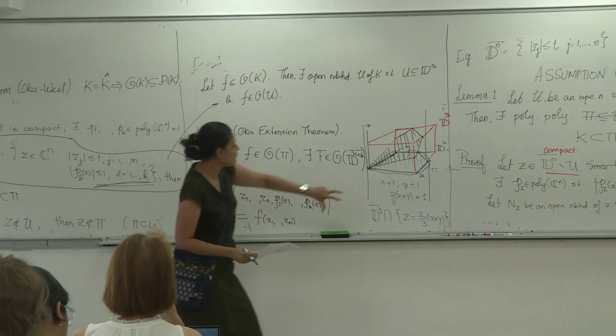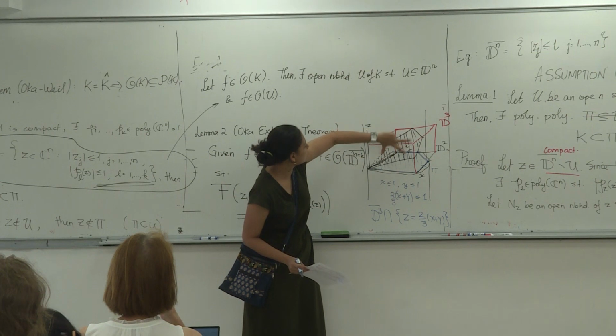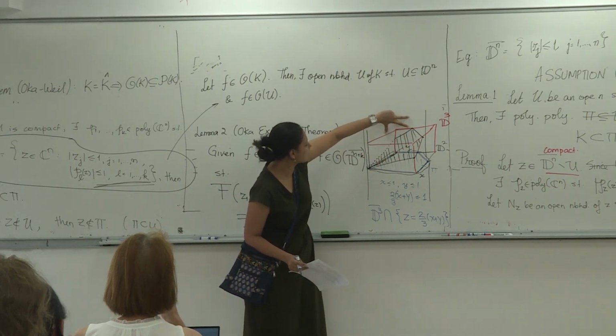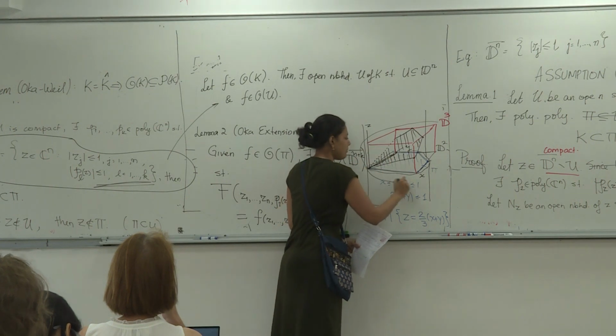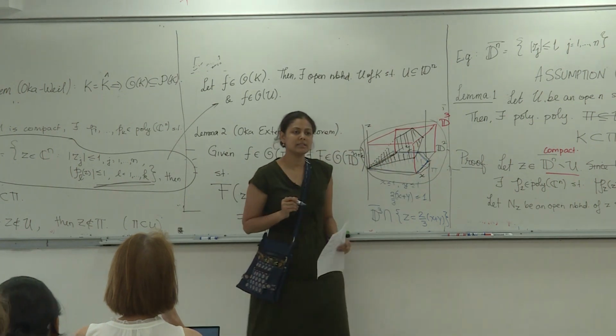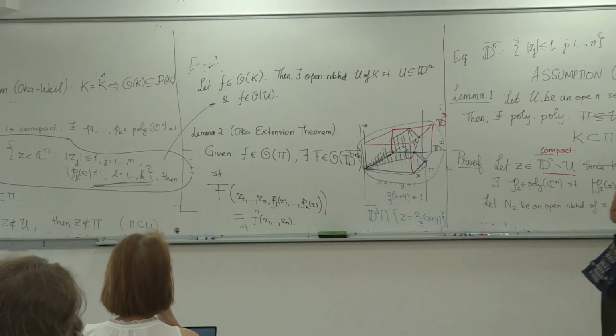Okay, so I have something which I have trivially extended on this tube, and it's called an extension theorem because this guy is actually extending to a holomorphic function on an open set containing the red part.